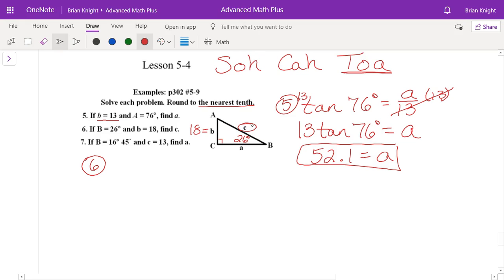Opposite and hypotenuse. What up here uses opposite and hypotenuse? Sine. So sine of the angle, which is 26 degrees, equals opposite is 18 over the hypotenuse is C. Okay? C is in my denominator.